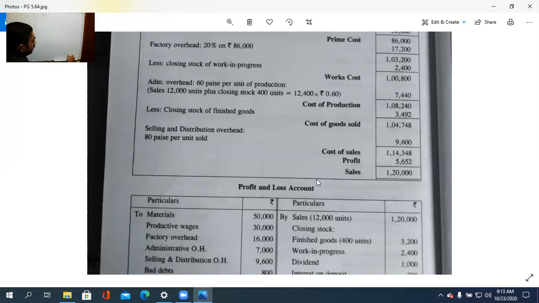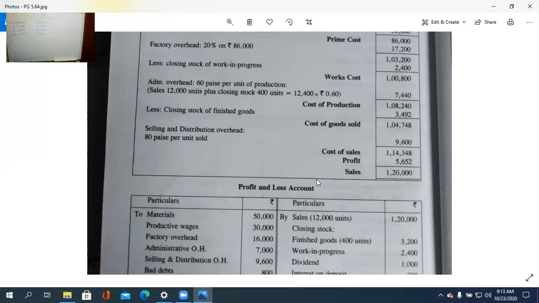Debit side items, credit side items. So what are the items? To material 50,000. Then productive wages, how much is it? 30,000. Then factory overhead, how much? 16,000. That is already given in the question as it is to be debited. Then to administrative overhead, how much is it? 7,000.